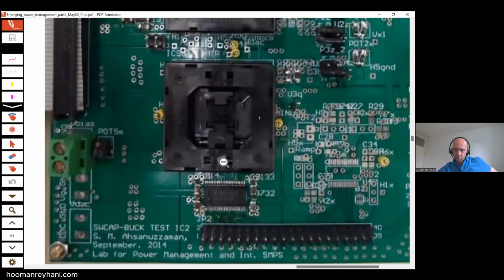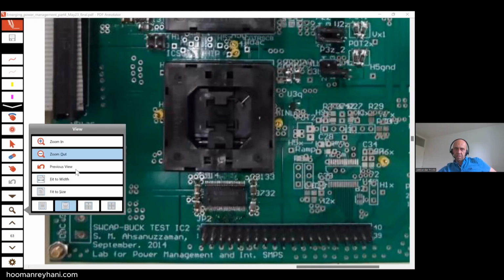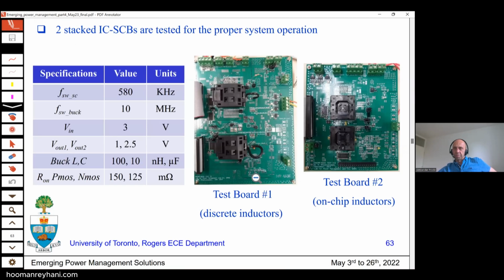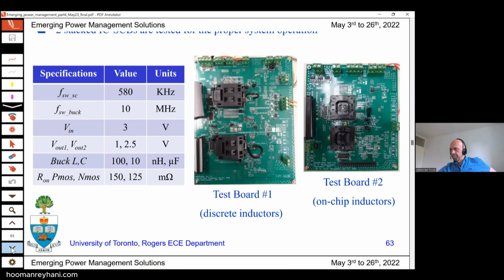So I'm not sure how much you can see here, but the inductors are bonded, seen as small bumps in the package.